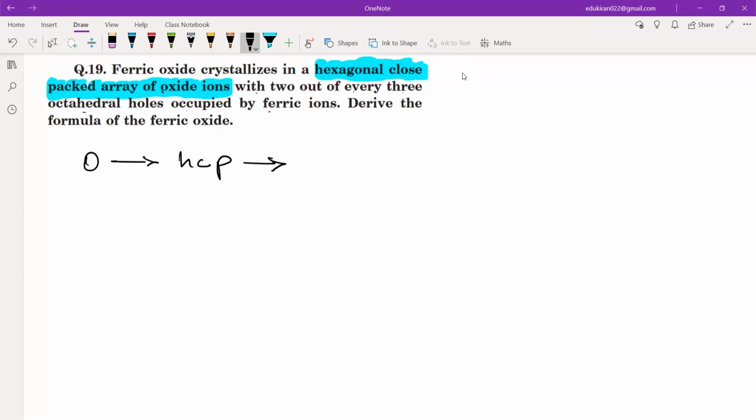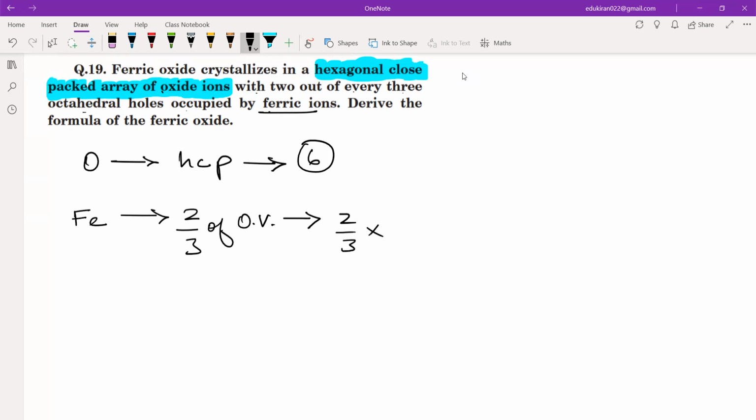Yes, sir. What is the Z of HCP? हाँ मीनाक्षी बताइए. 6. So we have got this 6, and they are saying 2 out of every 3 octahedral holes are occupied by ferric ions. So we have iron, and it is occupying 2/3 of the octahedral voids, na? That means 2/3 into how many octahedral voids are there?